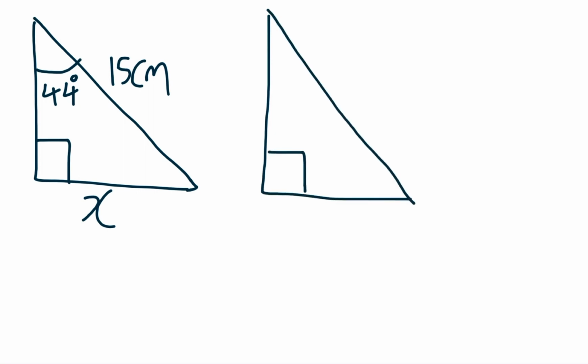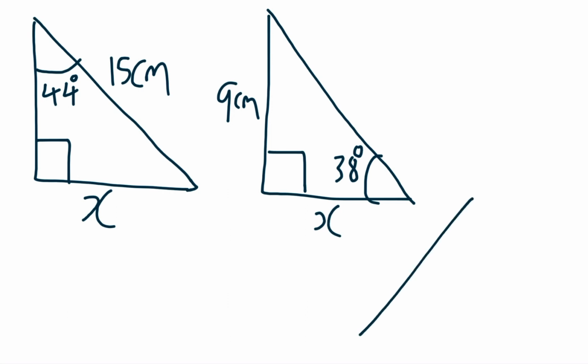There we go. Let's put the angle at the bottom this time, 38 degrees. Let's do 9 centimeters, and let's call this one x. And the last one, a nice little tricky one over here. So we'll do 1, 2, 3. The 90 degrees I'll put up here. Be careful with that. Let's call this one x.